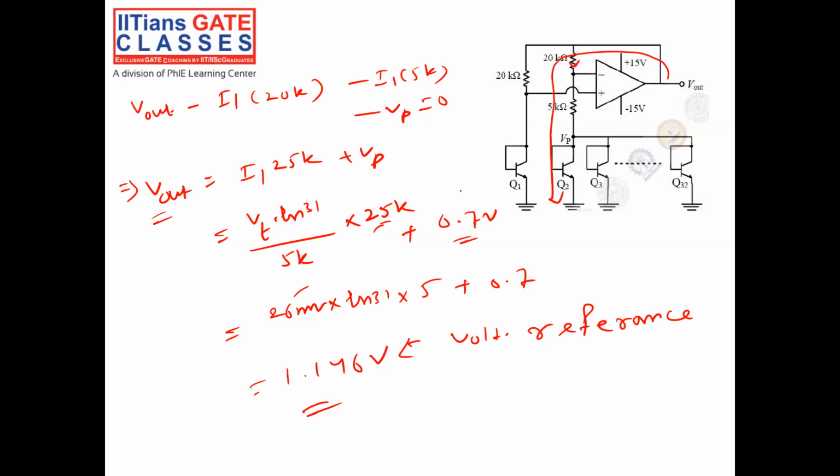But it is not depending upon my supplies. So the output is independent of supply variation. It is a sum of two terms that makes the output constant at 1.146 volt. So this is called a voltage reference.